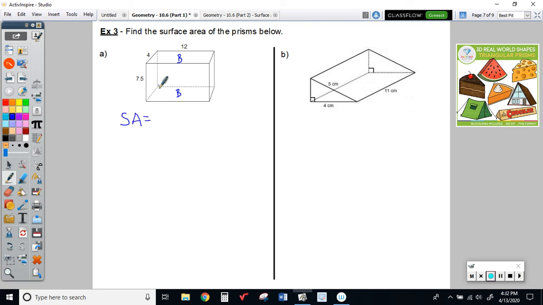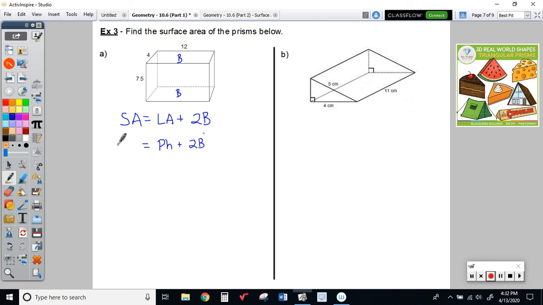So if you wanted to challenge yourself and try to do left and right or front and back and use that in your formula, let's see if you get the same answer. If you do it right, you should. So the surface area is going to be the lateral area plus 2 bases. For the lateral area, I could change that to PH. That's what my formula was for lateral area, plus 2B.